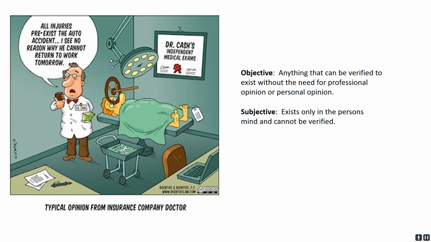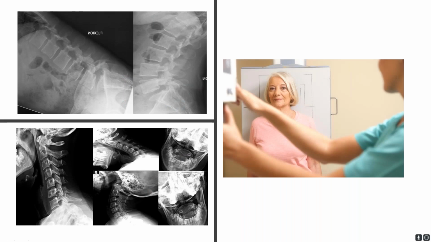We want to deal with objective findings, and we want to deal with consensus as to what those mean, and then we don't need to deal with opinions anymore because the findings explain the condition, and that's the beauty of it. And that's what I've spent so much time talking about and teaching. So when we're dealing with spinal ligament injuries, the number one biomarker is excessive motion, and it's picked up on stress radiology.